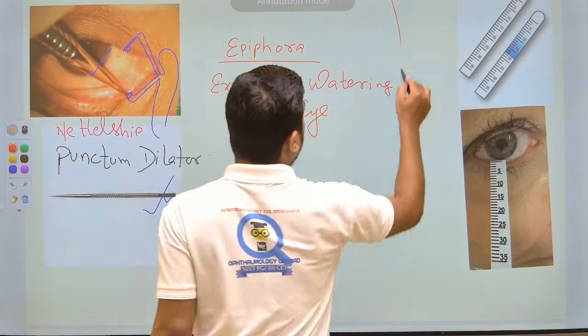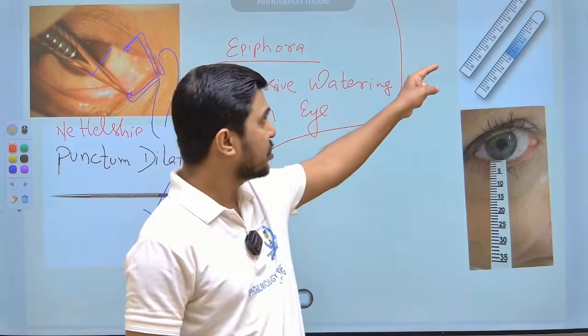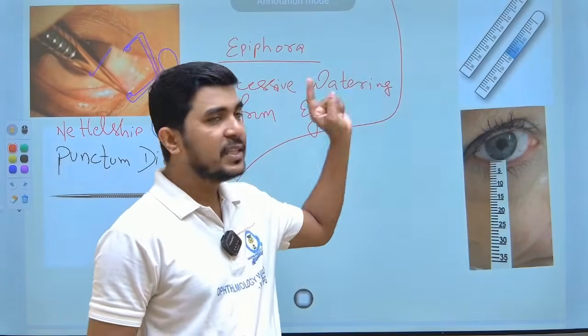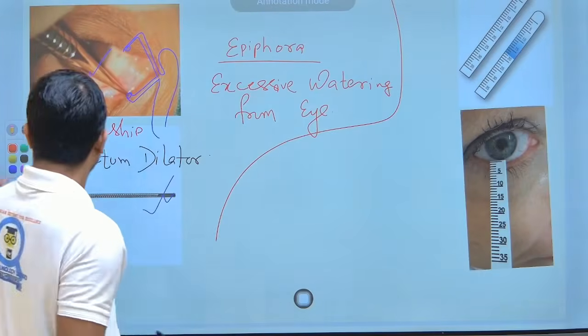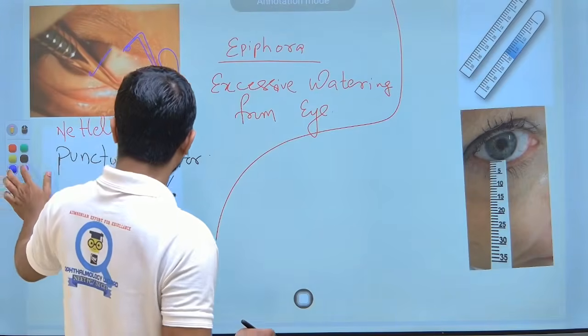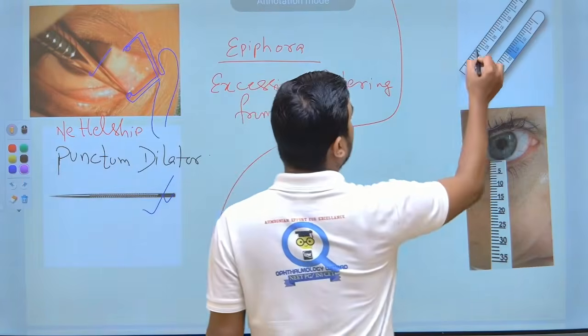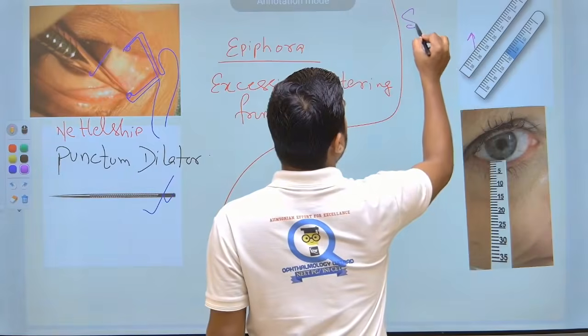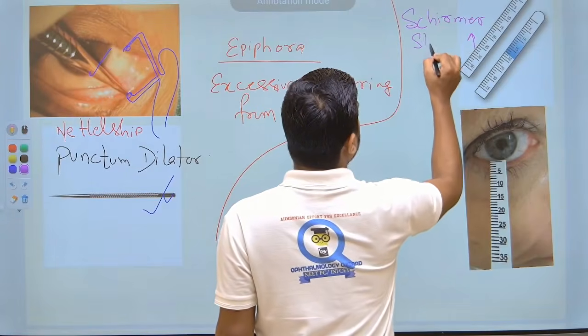Coming to this point, can you see this strip? What investigation is going on here? The investigation that is going on here is called Sirmer strip. Sirmer strip, understood?